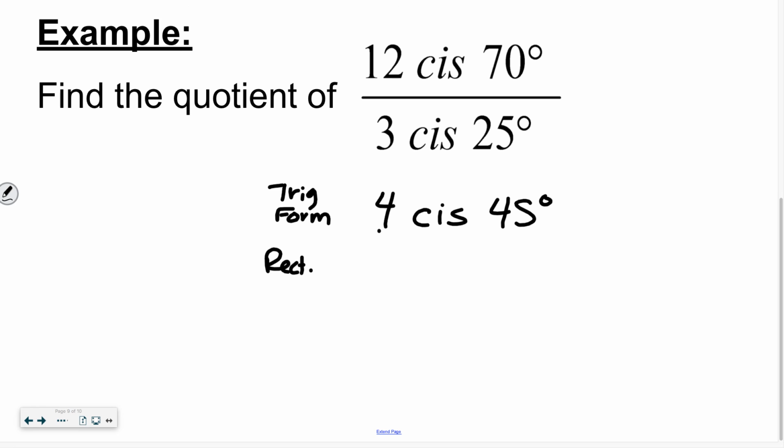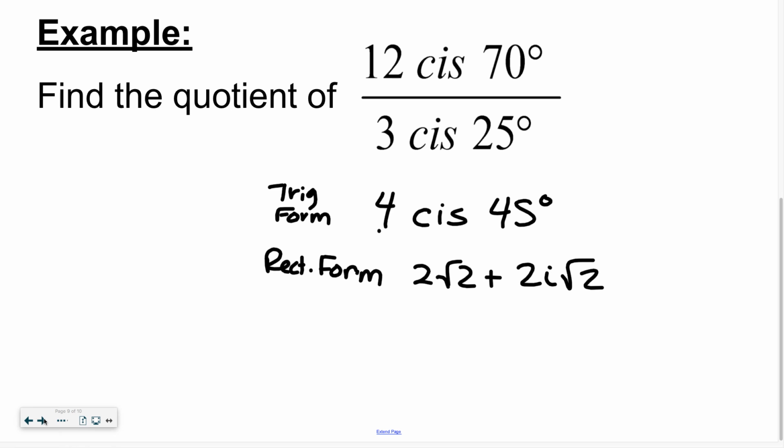In rectangular form, that'll be 2 square root 2 plus 2i square root 2. If I had those flip-flopped, so when you subtracted I got negative 45, then add 360 so that it's 315. It has to be between 0 and 360. So just the same way as it was for direction angles with vectors, it is true for complex numbers.